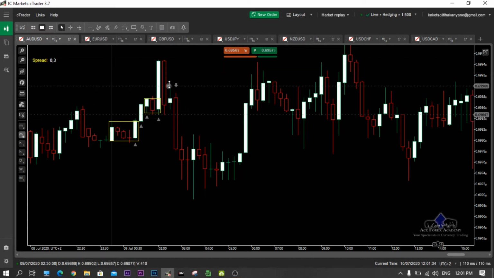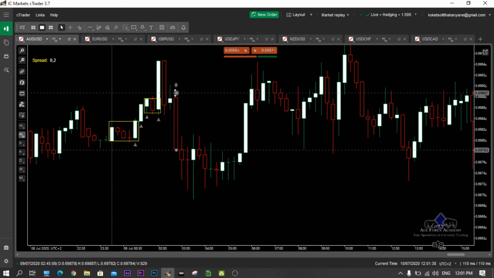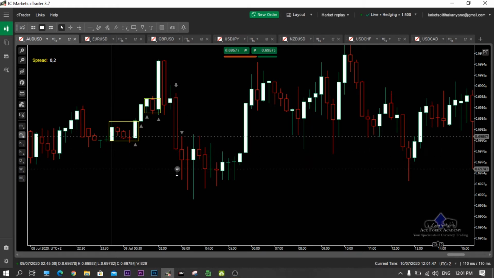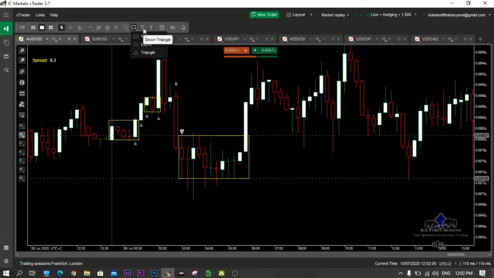Then the trend change happened, bears were in control, pushed the market down, further pushed the market down, had our period of consolidation, which we will mark out with the yellow square, and the bulls were back in control, pushing price to the upside.